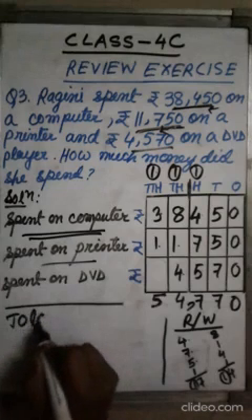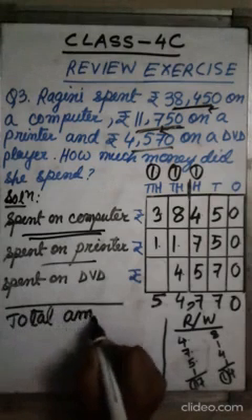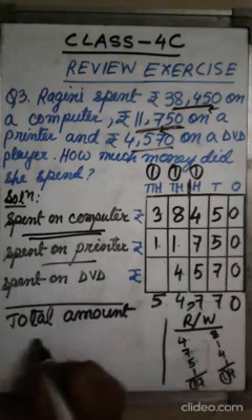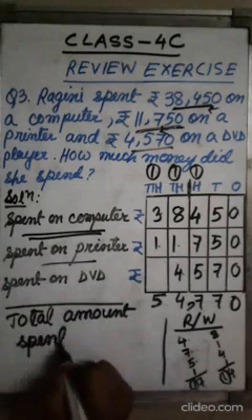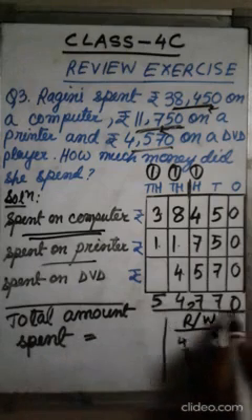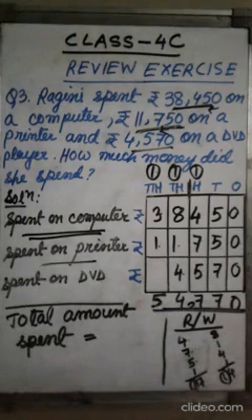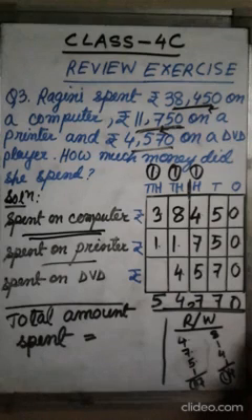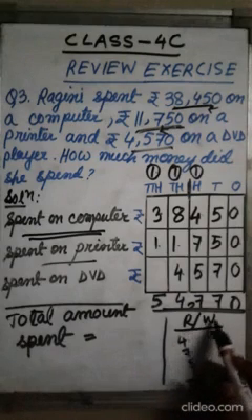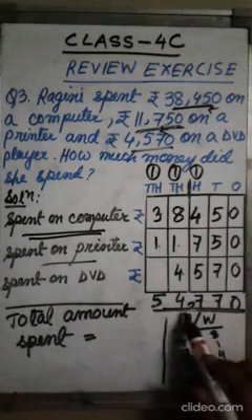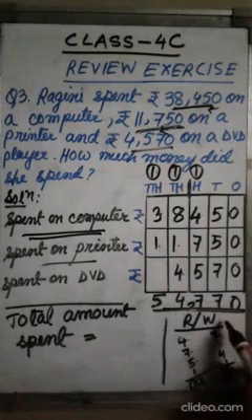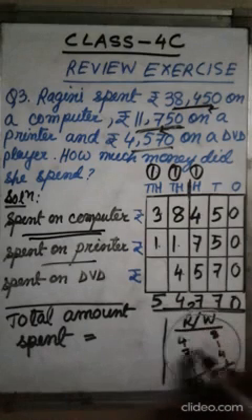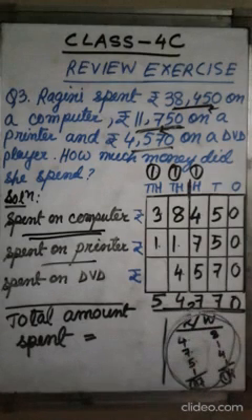Total amount spent equal to this much. You have to do the rough work in the right side of the page as I have shown you. Here I have very less place, so I am doing my rough work in this small area only.